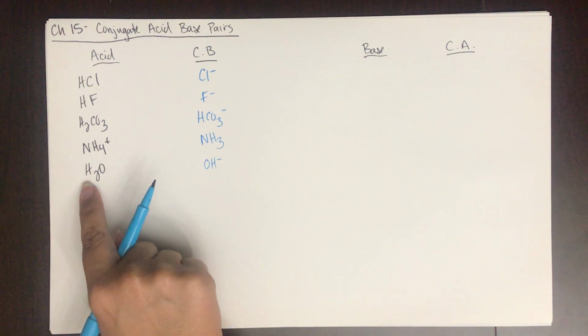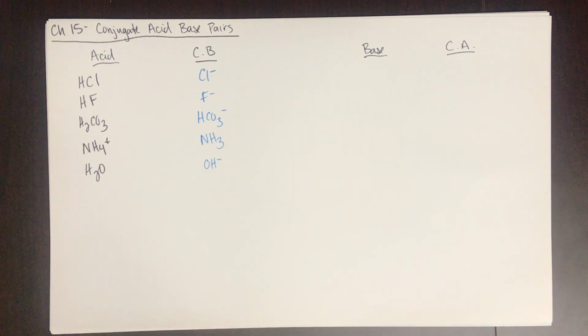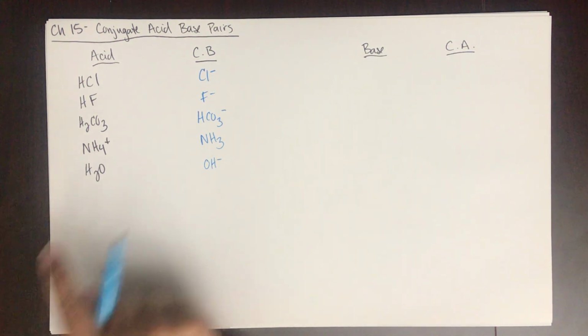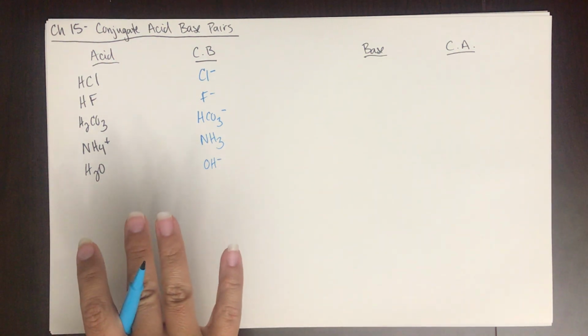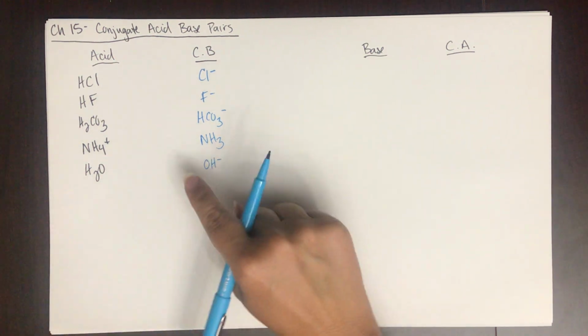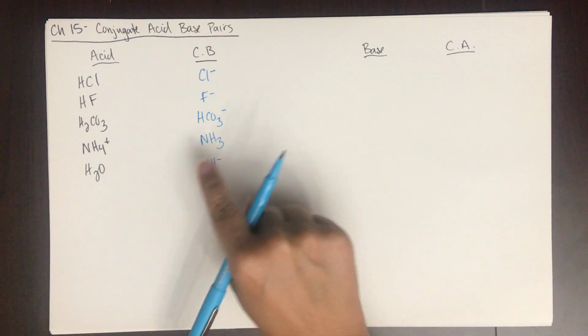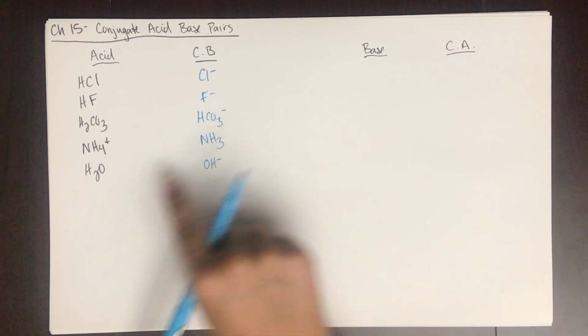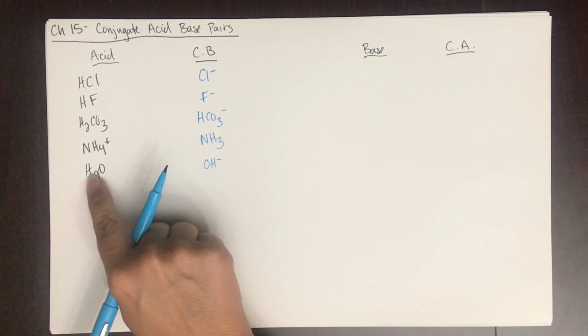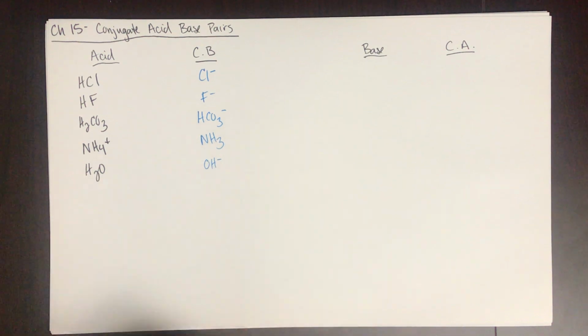If you wrote HO positive, it would be incorrect as the common way that hydroxide is written. But the major point here is that this water, which is neutral, is losing one hydrogen, H+, and we get OH minus. So let's look at some bases.